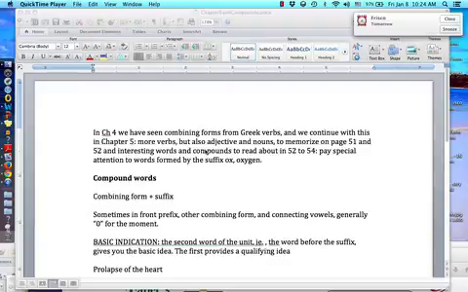On pages 51 and 52 you have your usual list to memorize, and then sort of longish explanation notes, etymological notes, on pages 52 and 54. Pay special attention to those formed by the suffix ox, that means oxygen.